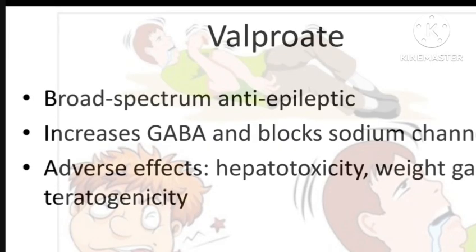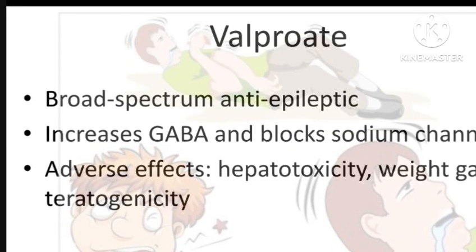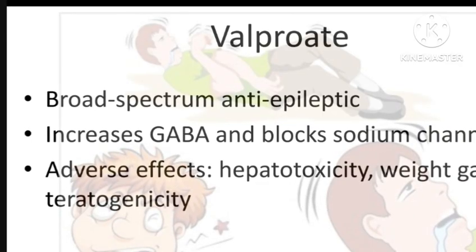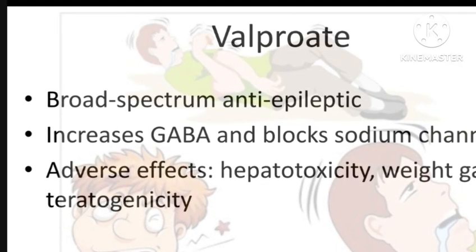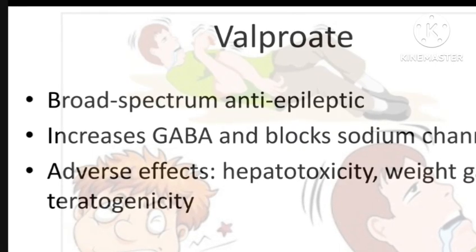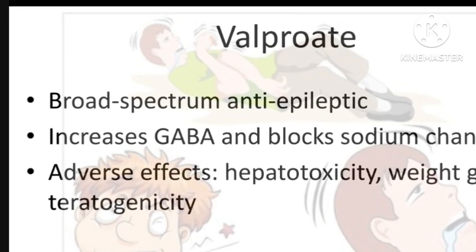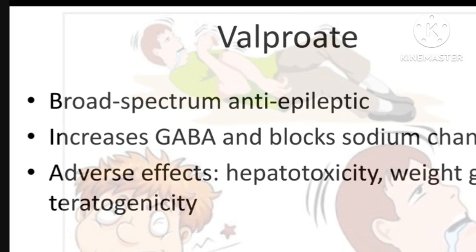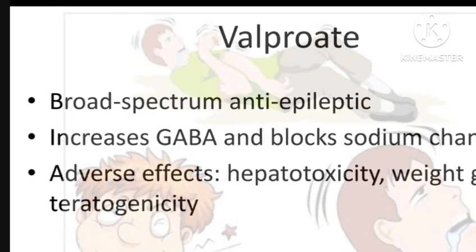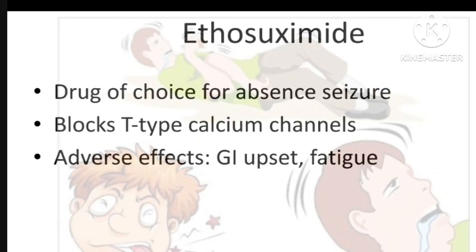Sometimes doctors avoid valproate in young women because of teratogenic risk. This is why pharmacology becomes clinical decision making. Drug selection is not only about seizure control, it is about age, pregnancy, occupation, side effects, compliance, and cost.